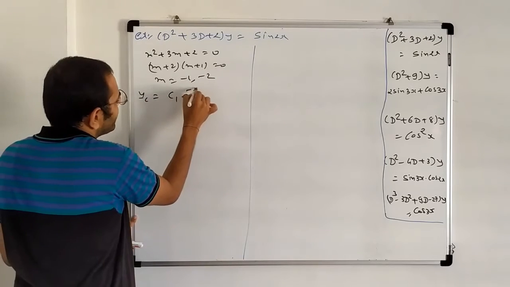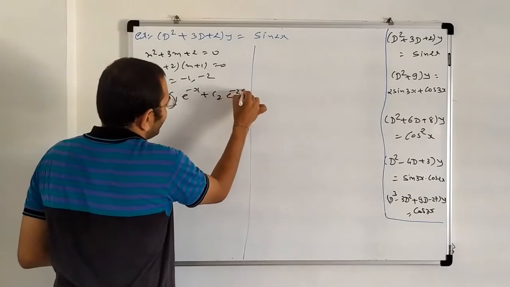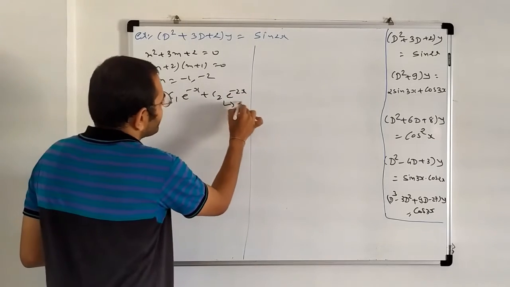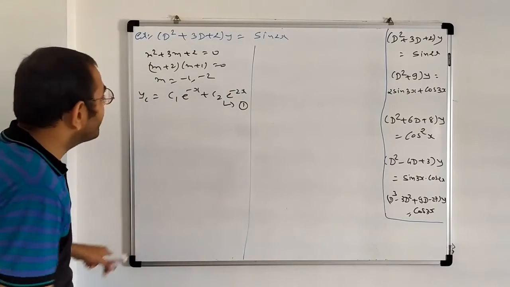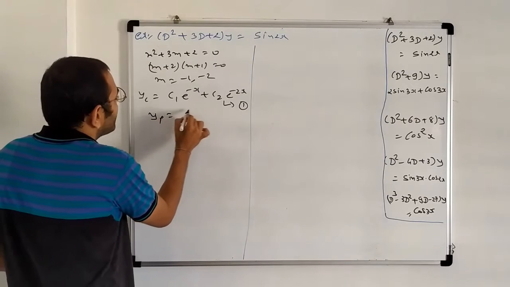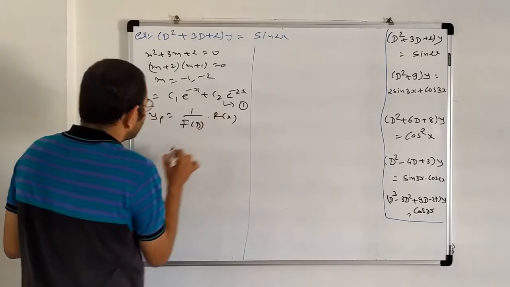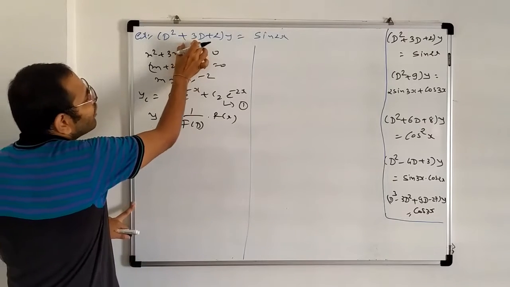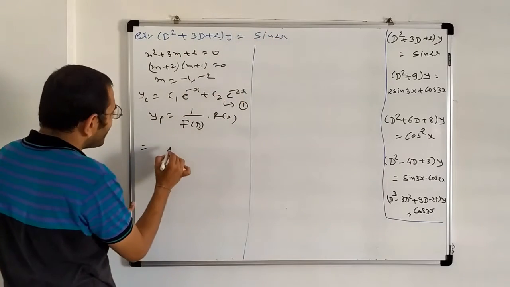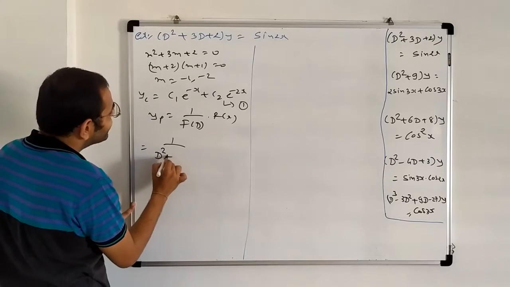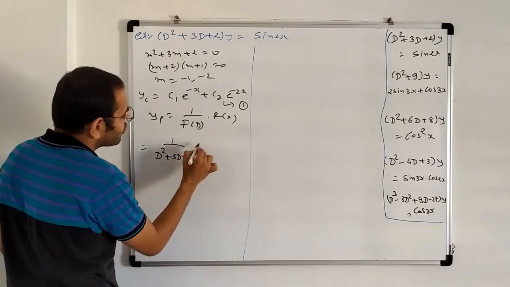Then y is equal to c1 e raised to minus x plus c2 e raised to minus 2x. That is our equation number 1, where c1, c2 are arbitrary constants. Then yp equals 1 upon f of D into r of x. Substitute the values: that is our f of D and that is our r of x.